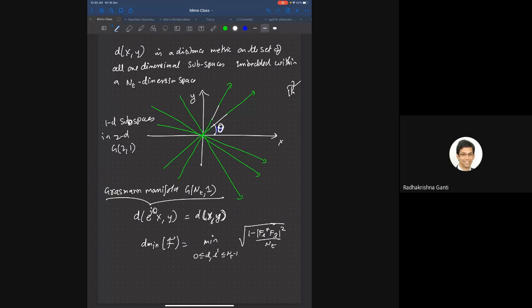What you can show is that this is less than or equal to the expected value of lambda max. I'm not going to show this result. It's not that difficult, but you can read it in the paper. I'll tell you the paper.